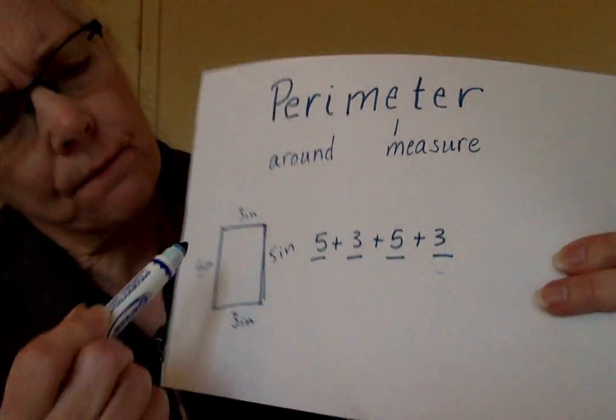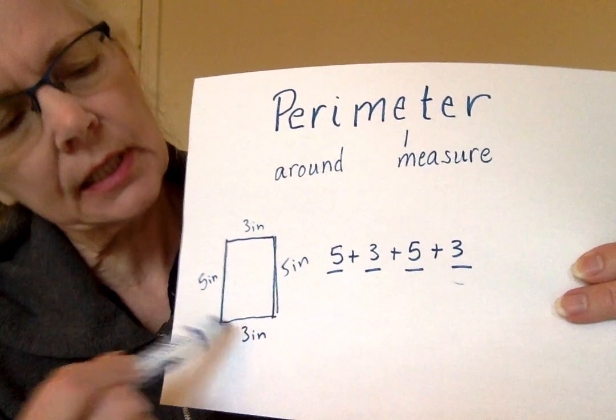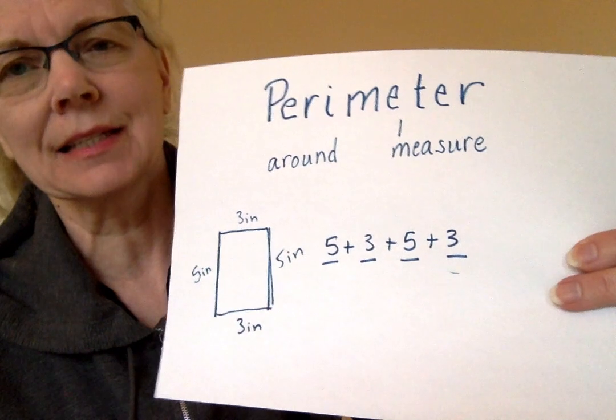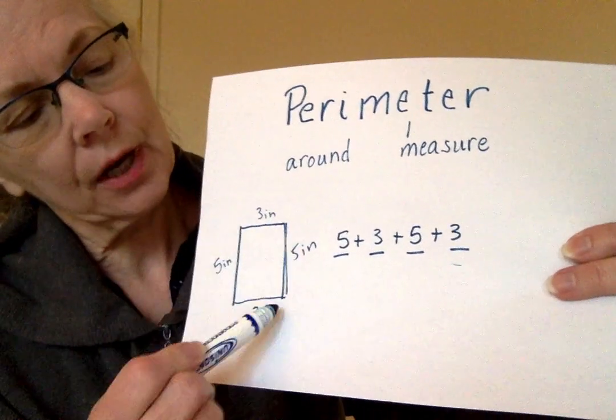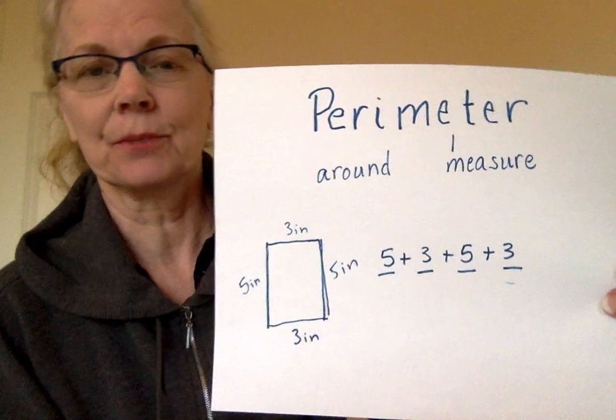And didn't we say 5 plus 5 is 10, 3 plus 3 is 6, 10 plus 6 is 16. Measure around. The measurement around is the perimeter.